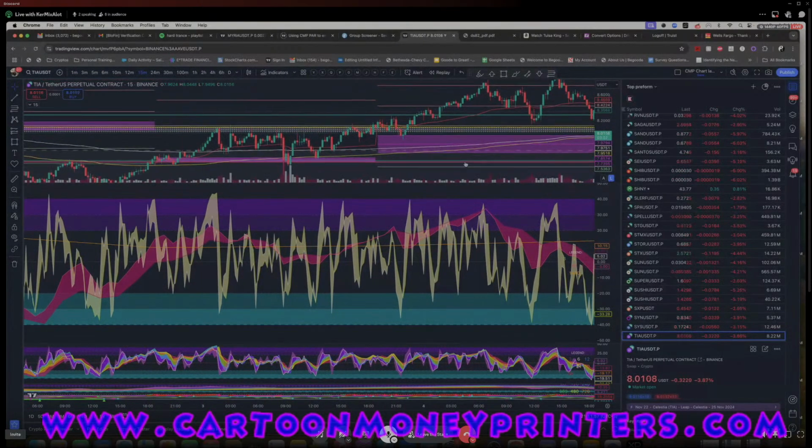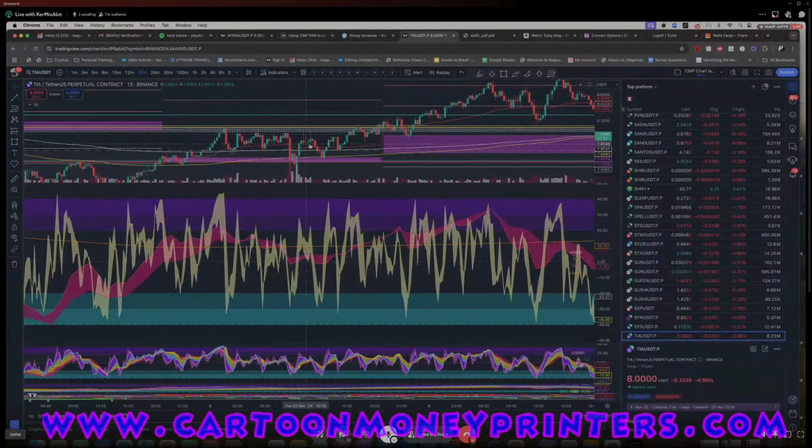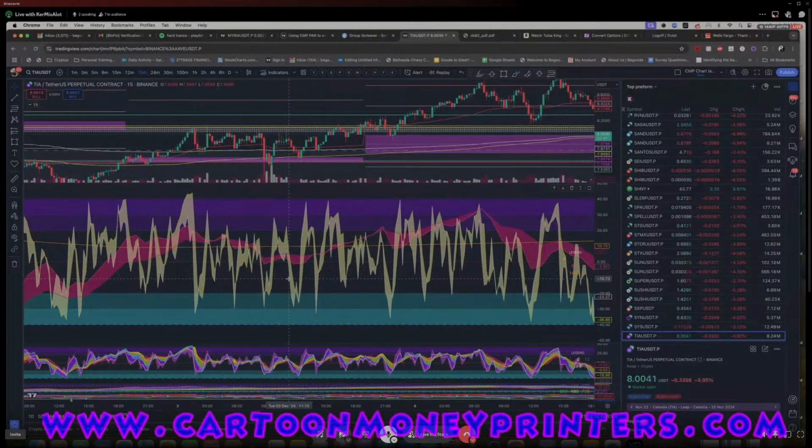Basically, price will make a dip, and then it will make another dip higher than the last low. But the indicator, and I'm focusing on the yellow ribbon right now, will be lower than the previous one.